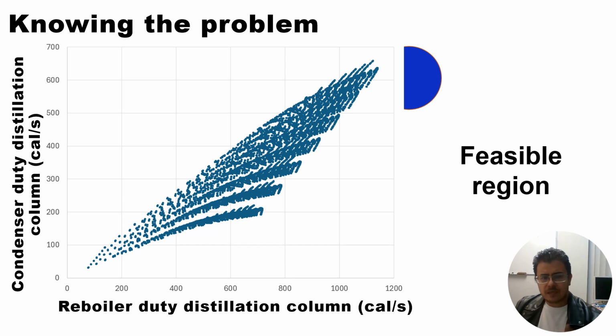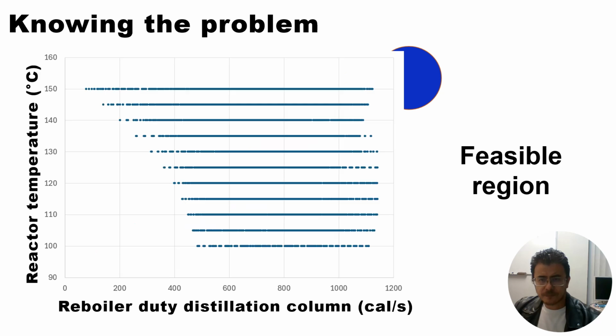In this case, there are the boiler duty for the distillation column and the condensing duty for the steam column. You can observe that the points are not located in all the plot, all the image. Only in a very defined region, the feasible solutions are shown.